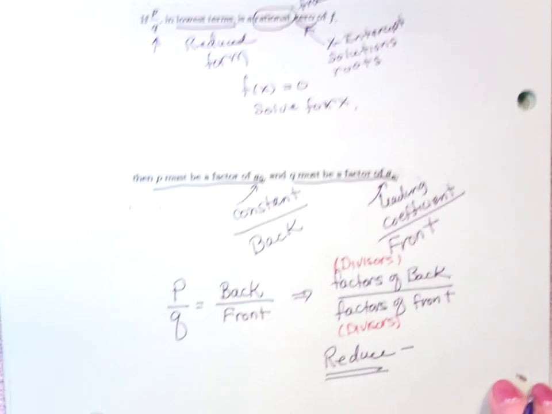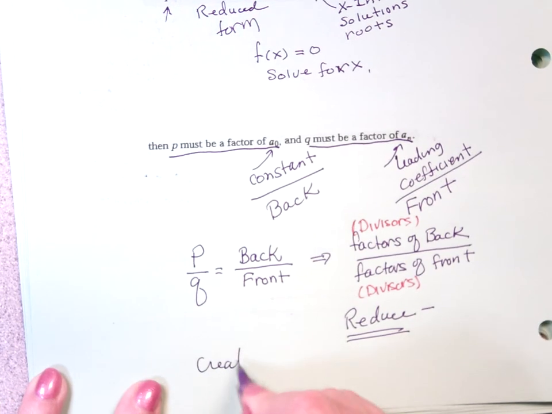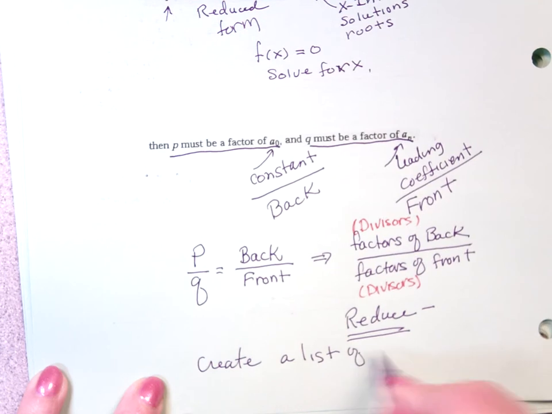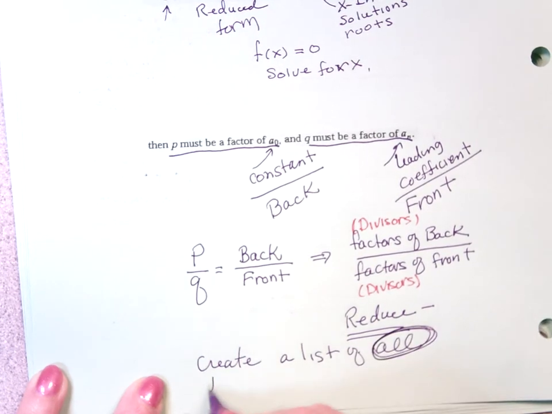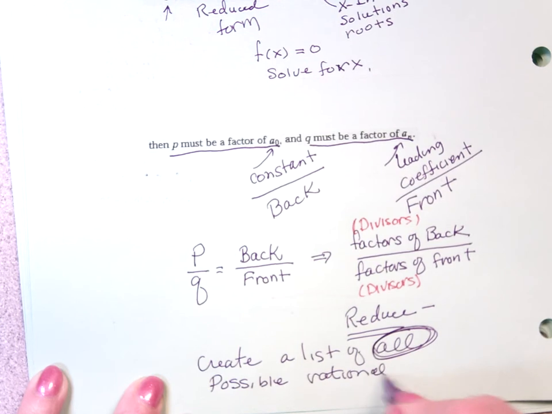Now what this does is, it will create a list of all possible rational zeros.